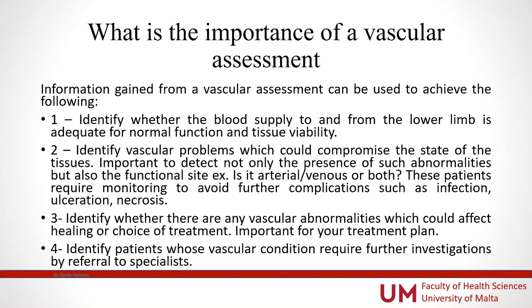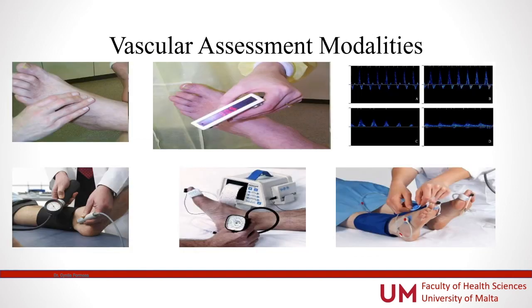This will help us monitor our patients and also try to predict further complications such as infection and ulcerations. It will help us identify whether there are any vascular abnormalities which could affect healing or our treatment choice. And it will also help us decide whether we need to refer our patients to other specialists if the problem cannot be tackled from our end.